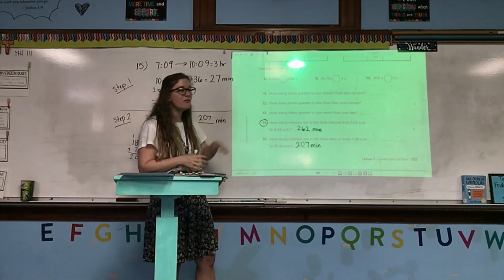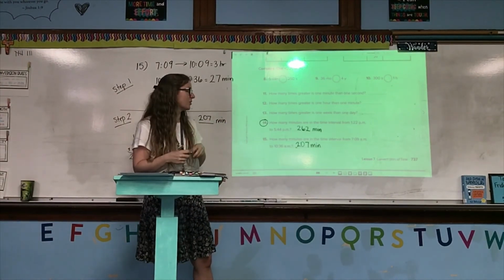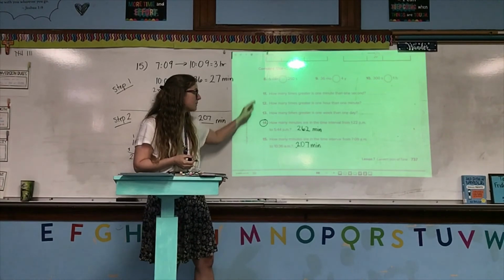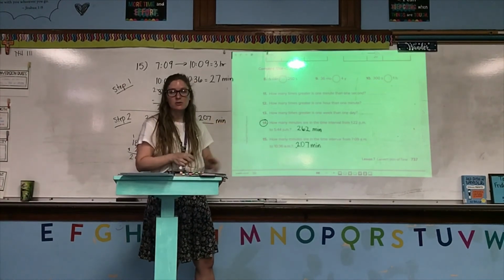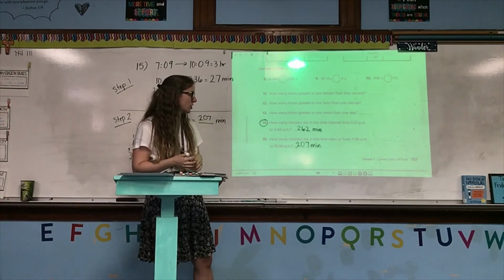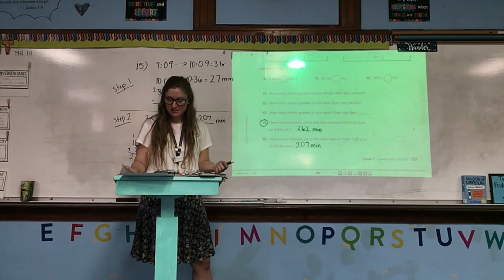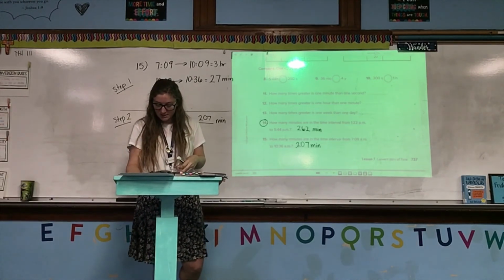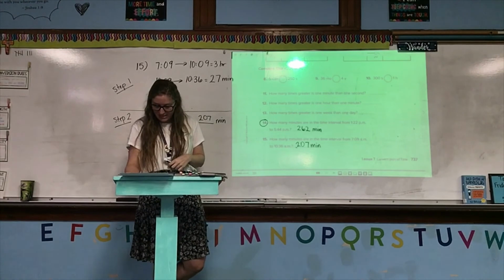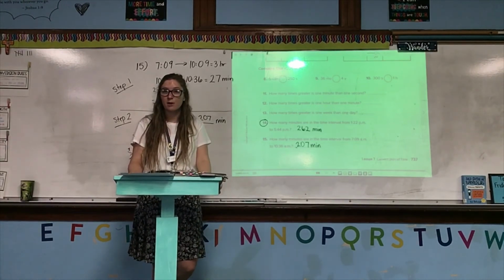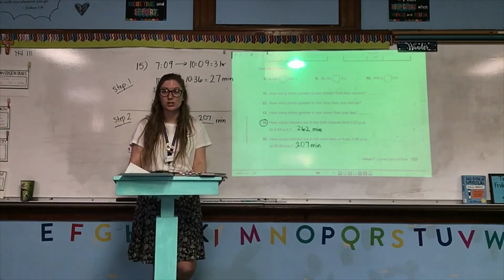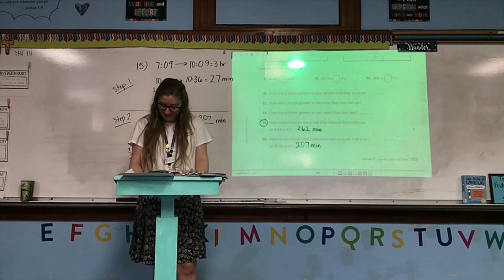Numbers 11 and 12 you can solve just by looking at your conversion chart. 11 through 13 you can solve by looking at your conversion chart. 14 and 15 we've already solved. Look at the back. Numbers 16 through 18 are word problems. Some of them all you're doing is just conversions. Some of them you might be comparing.